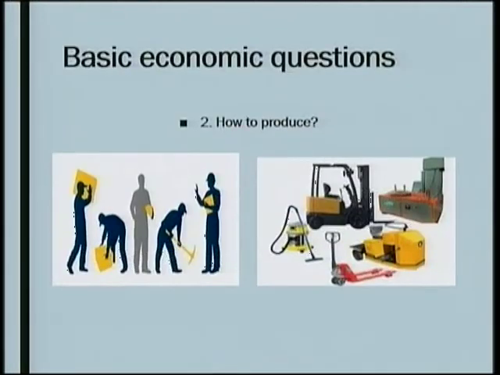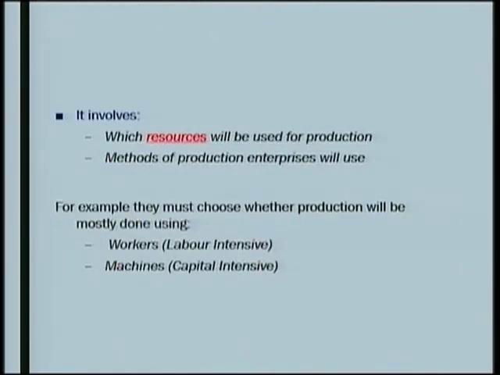The second economic question is how to produce. It involves which resources will be used for production and the methods of production enterprises will use. For example, a business may use more workers or more machines.